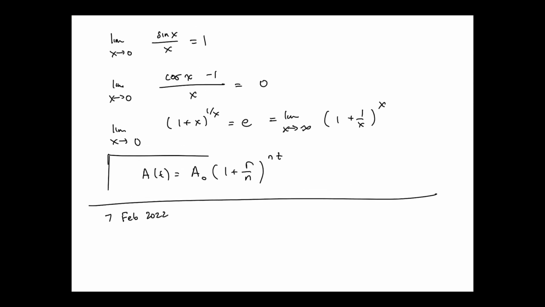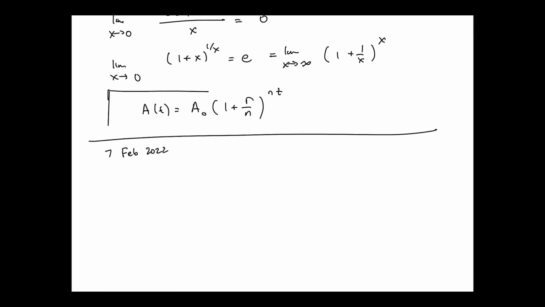One or two other limits at the very back of last Friday's sheet that we didn't quite get to. So we did the 1 plus x to the 1 over x thing, and talked about how that's basically a compound interest formula. What was the one after that that we didn't get to?